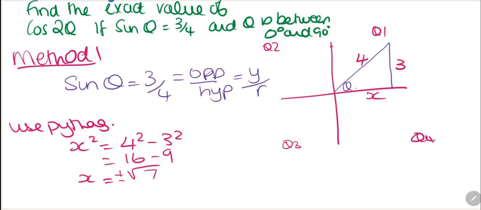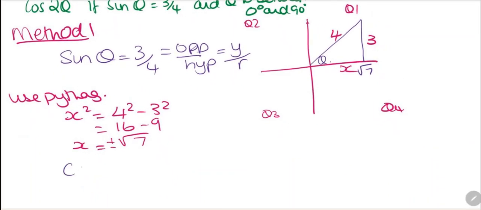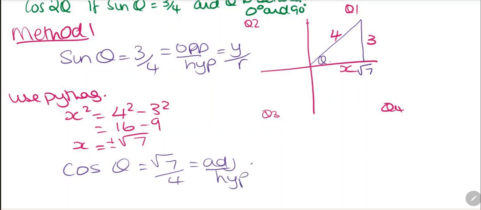Now, because it's in quadrant 1, x will be positive, so this is root 7. So if I wanted the value for cosine theta, this is going to be root 7/4, because I know this is adjacent over hypotenuse, which is x/r.